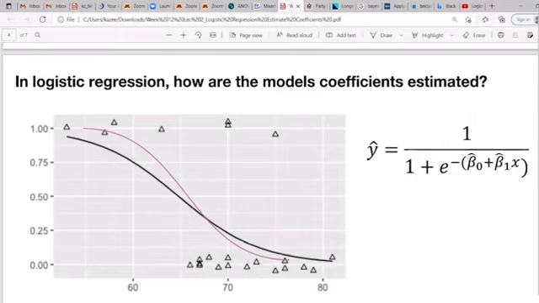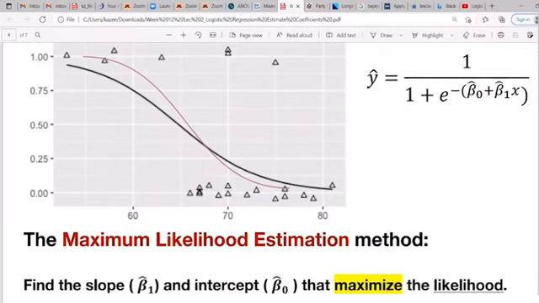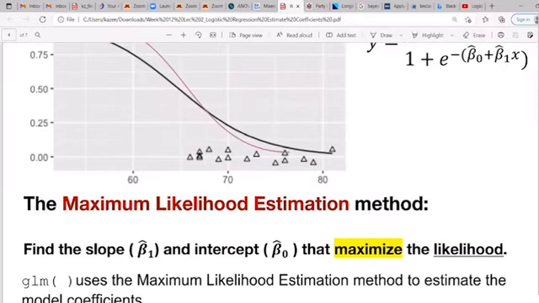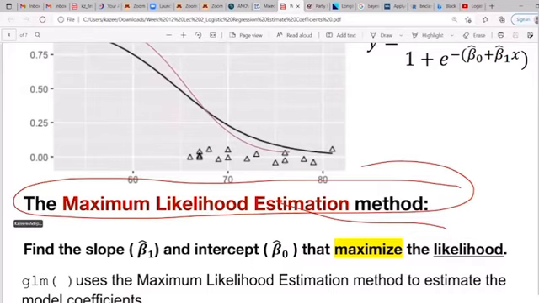In linear regression, we use the method of least squares estimation, but in logistic regression, we don't. The method we use in logistic regression to estimate parameters is called the method of maximum likelihood. Take a look at this here. That is what we use in logistic regression, but in linear regression, we use the least squares estimation method.